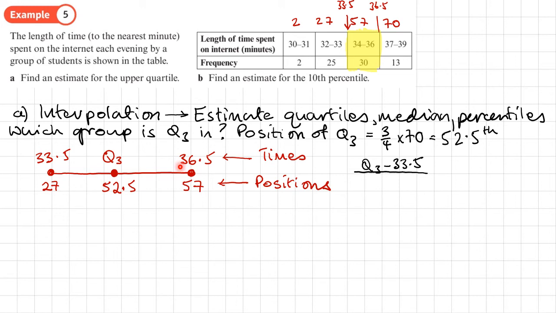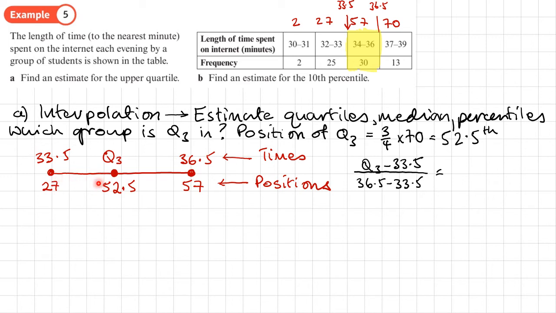So now I'm going to look at this gap. So this gap here divided by this gap, so that's 36.5 minus 33.5 is equal to, now I need to do the same gaps at the bottom. So I did this divided by this, so I do the same thing at the bottom.